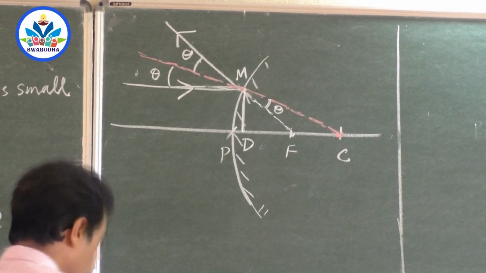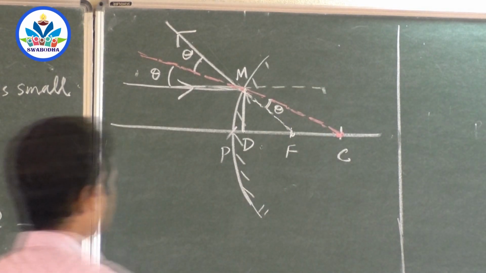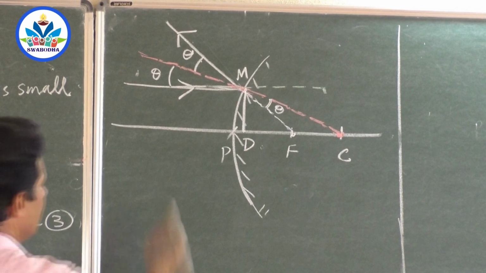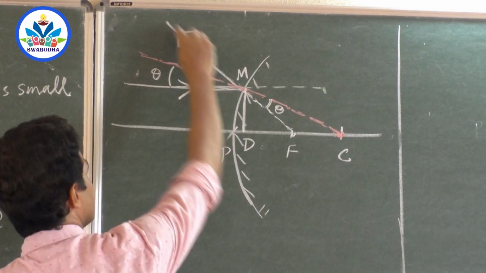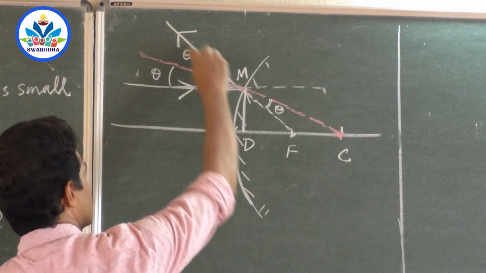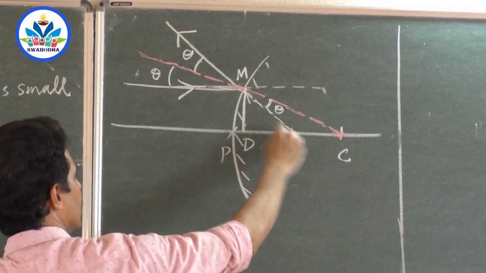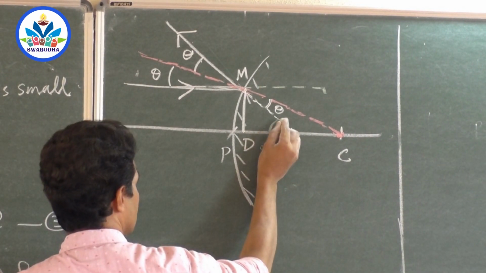And now suppose if I proceed this simply, for my understanding, like this, which I can write as 2 theta. A straight line, a parallel straight line, and this is a bisector, correct? This reflected ray is a bisector which appears to come from the focus. This is 2 theta. So shall I write this as 2 theta?